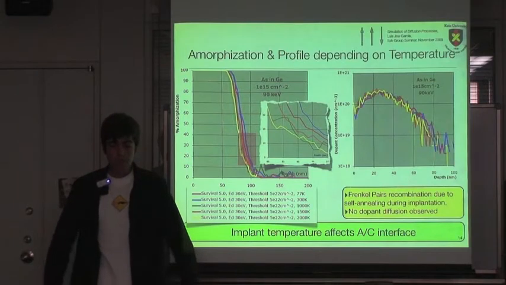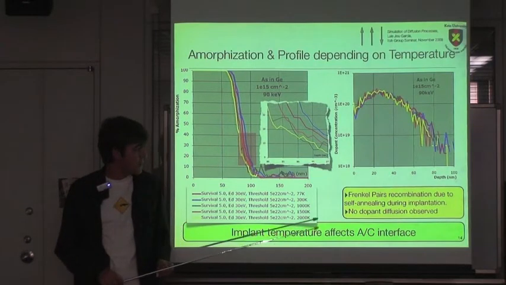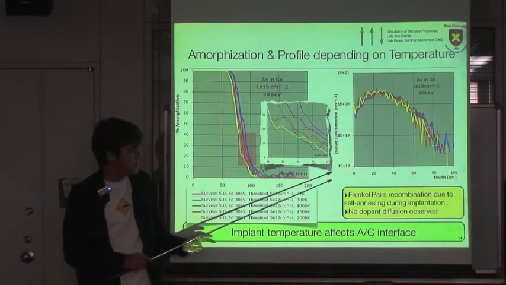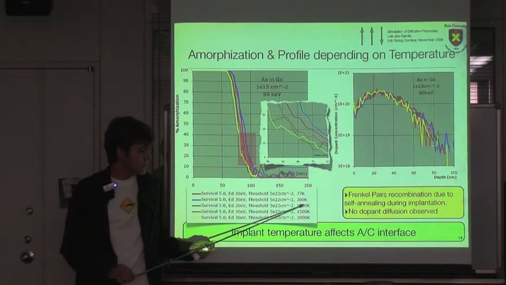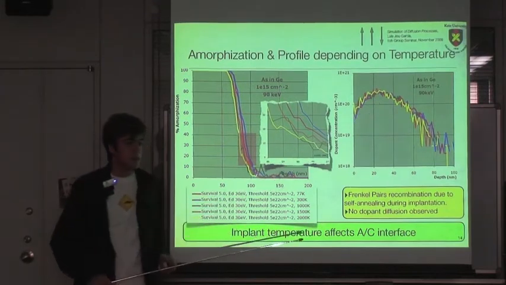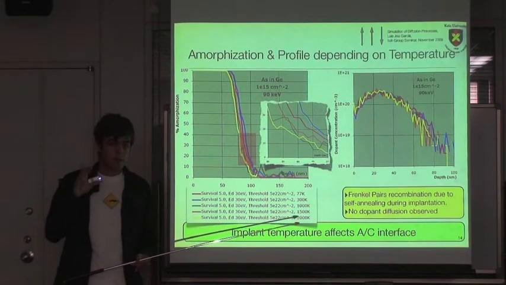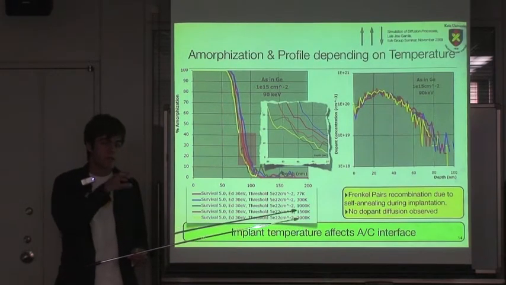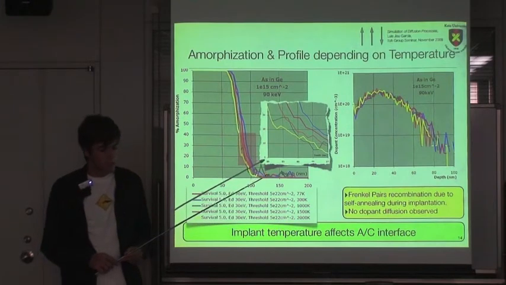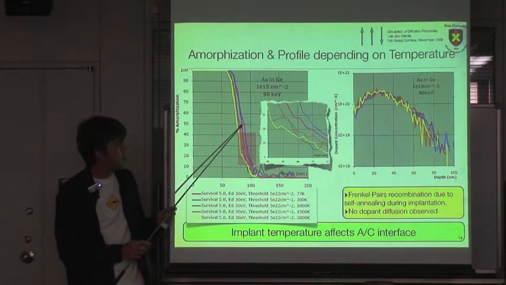And now, how amorphization and profile depend on temperature. Okay, this is just due to implantation, not due to annealing. That's why at such high temperatures we cannot see annealing there. So when an atom has thermal energy, it's easier to go back to its position after being recoiled. So when we increase the temperature, the amorphization becomes lower.